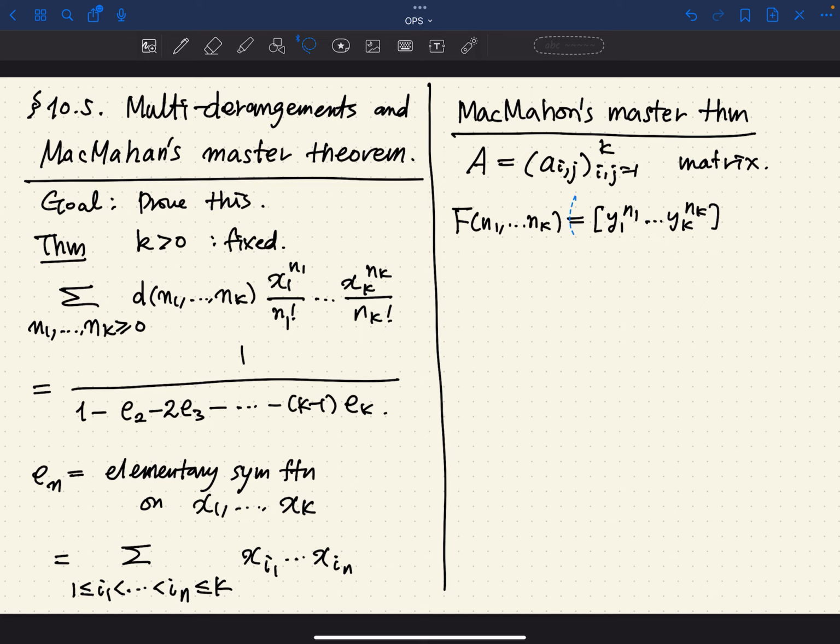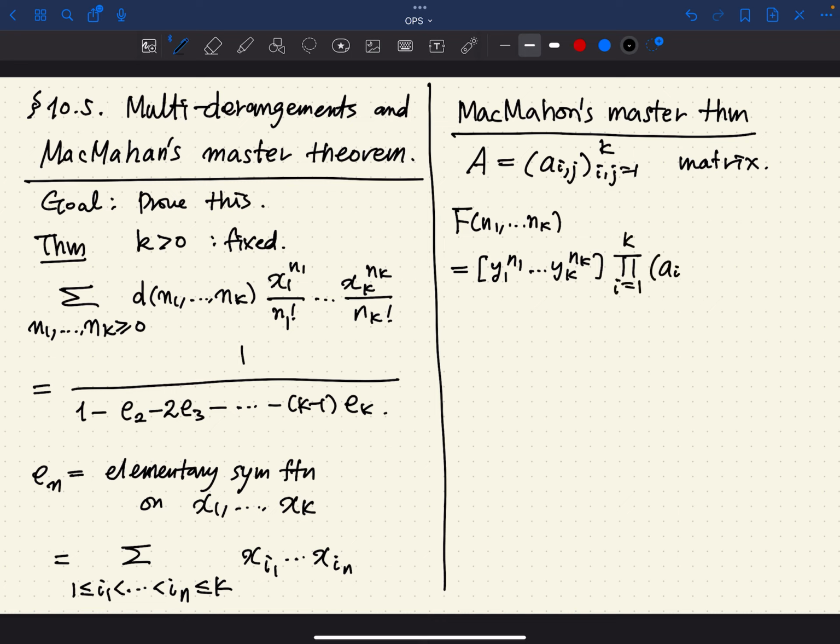This means you take the coefficient of this polynomial, the coefficient of y1 to the n1, ..., yk to the nk. So this is a function depending on these numbers. What it does is you compute this.